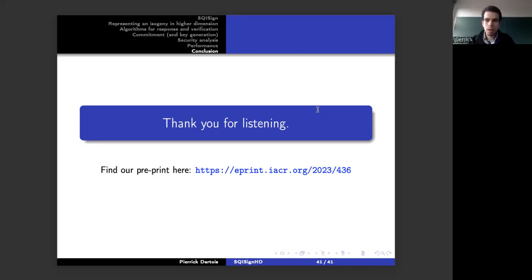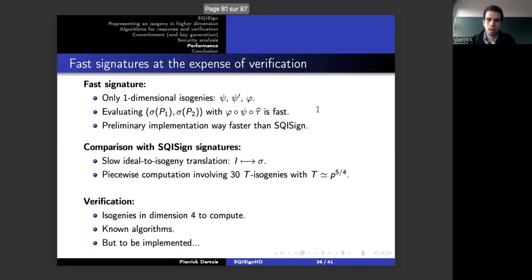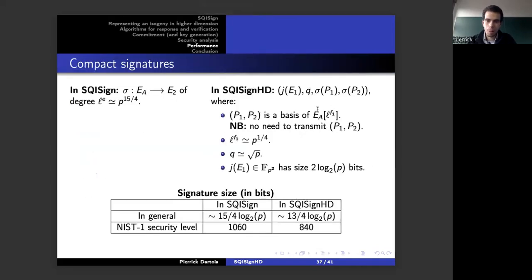But well, anyway, if you look at the sizes, this is just half log log p. So it's quite small. The biggest part is the J invariant. Really, if you could get rid of the J invariant, it would be incredible. But I guess it's not possible. No, yeah.